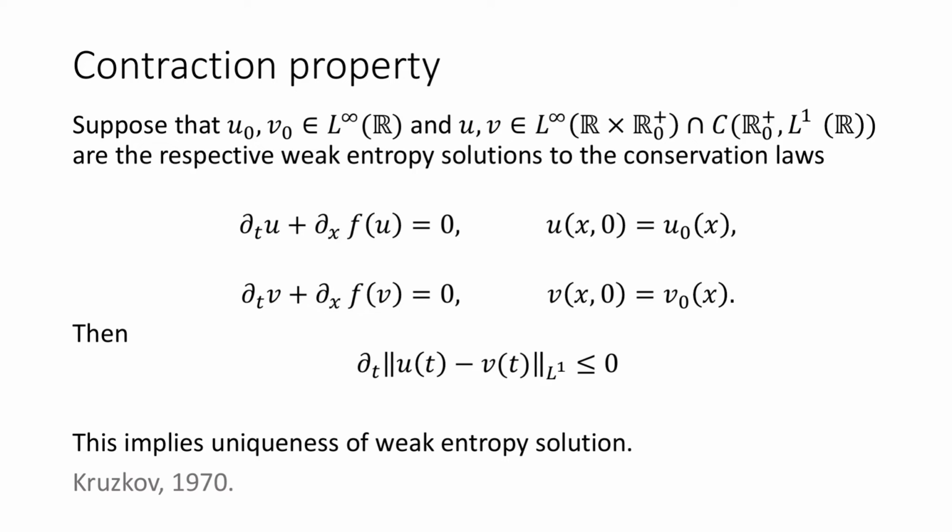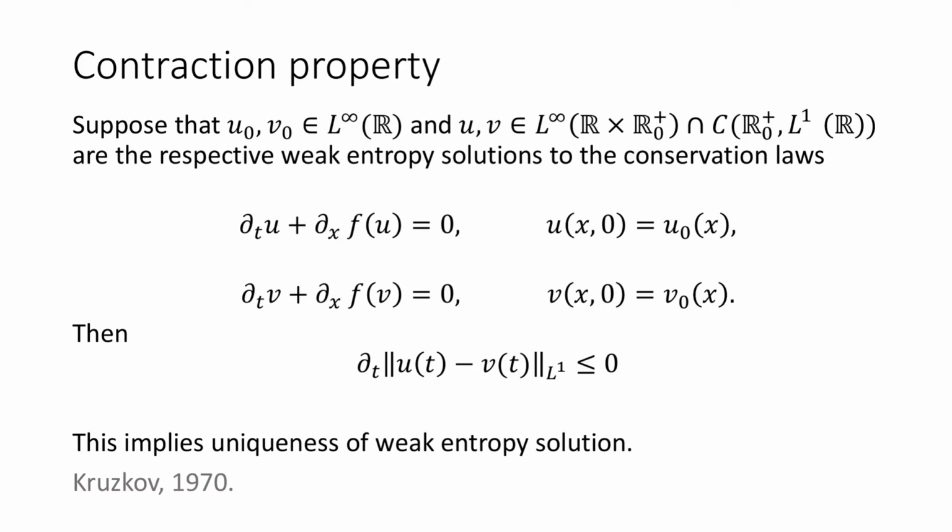Under this assumption, del t of the L1 distance of u of t and v of t is less than equal 0. This theorem can also be summarized as follows. If you've got two solutions to the same conservation law, but with possibly different initial data, u0 and v0, then the L1 distance between the two solutions, u and v, does not increase over time.